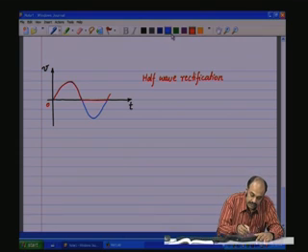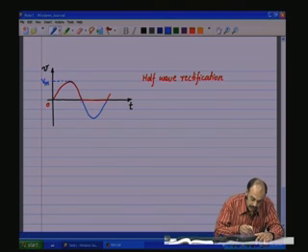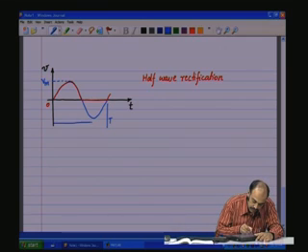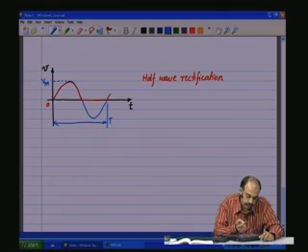Now, what is the average of this waveform? If we are having the peak value which is Vm, we have to find the average from 0 to T. You should see that it is not repeating every half cycle like it was in the case of the full wave rectified waveform, and therefore, we have to consider the whole period.